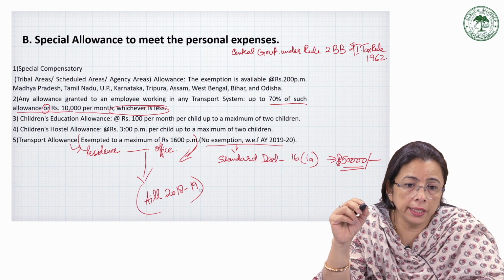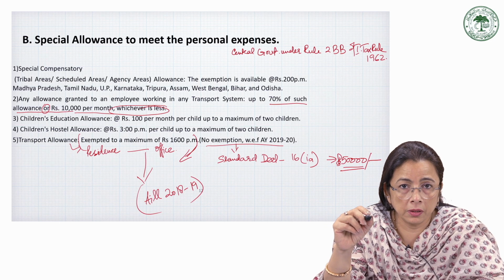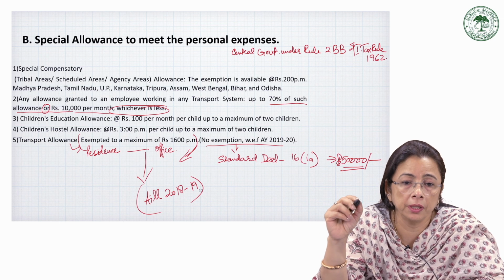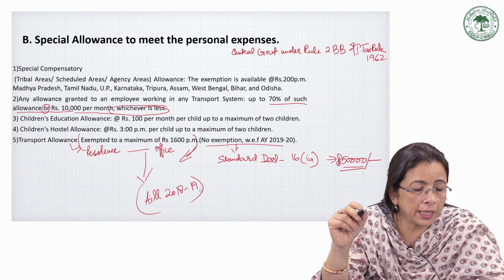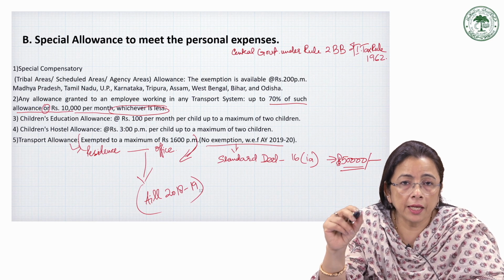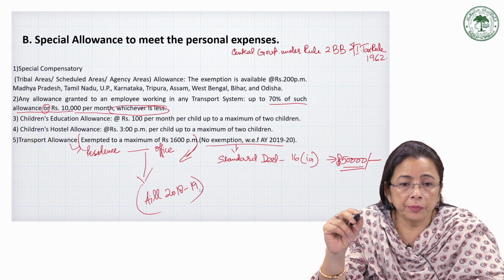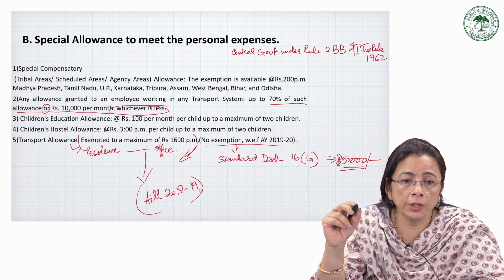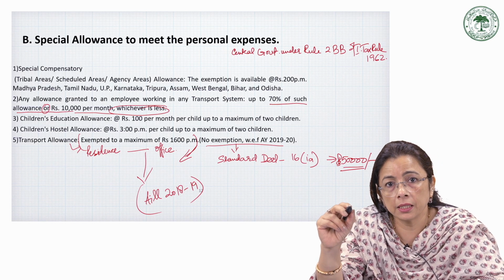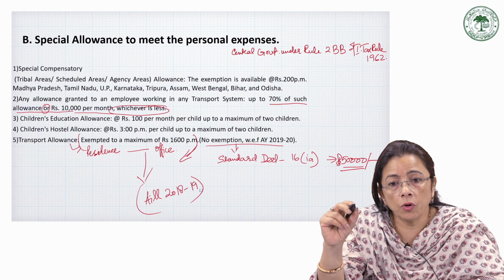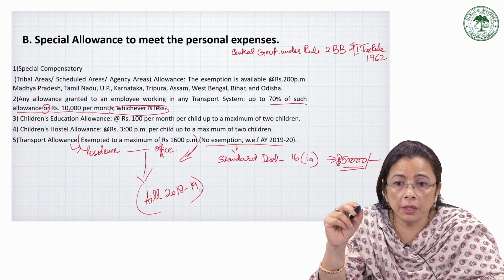But there is an exception to this standard deduction and exemption part. The exception is relevant only for disabled employees. The exemption continues for employees who are blind, deaf, dumb or orthopedically handicapped, that is, differently abled.